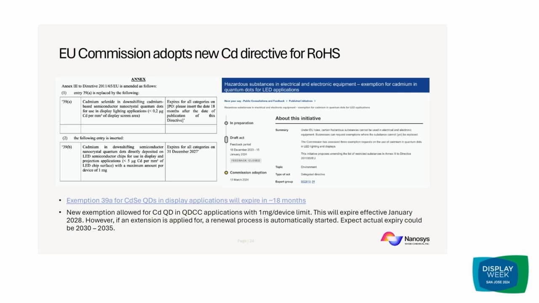For a long time, there had been debate and extensions of these exemptions. And finally, I think we're coming towards the end of this story. At this point, the EU Commission did adopt a new directive for RoHS. What they're recommending is that all exemptions expire in the coming years.